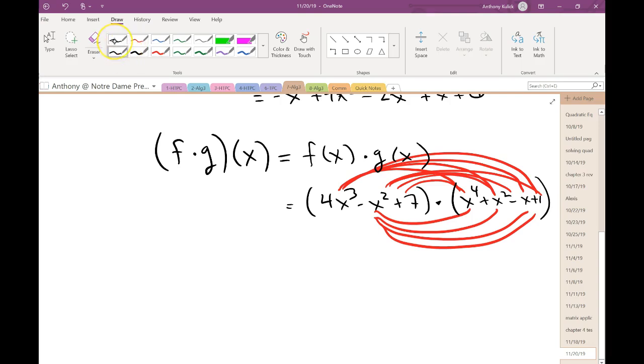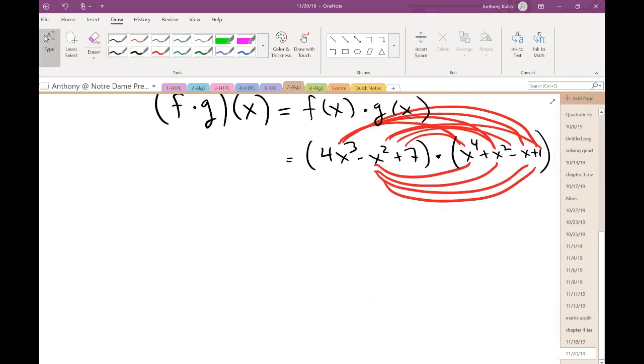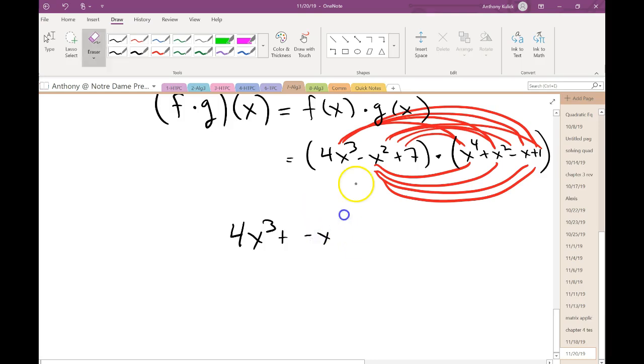What I'm going to do instead is a visual method. I'm going to draw a grid where one polynomial is the width and one polynomial is the height. Everybody's okay with that idea? So I'm going to draw my grid, and I'll have this first polynomial. And I'm going to include a 0x here. You're going to see why in a minute.